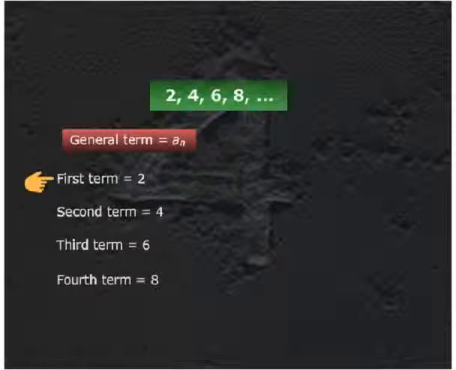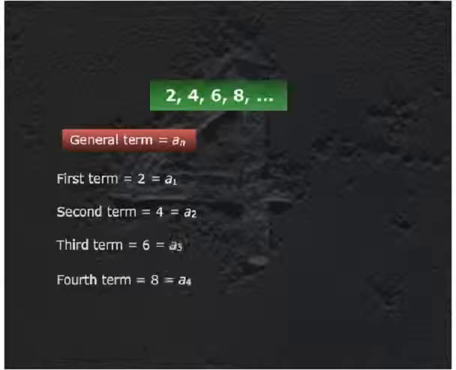So for the first term, n becomes 1, so a_1 is the first term. For the second term, n becomes 2, so a_2 is the second term, and so on. So in our example, a_1, the first term, is 2, a_2 is 4, a_3 is 6, and a_4 is 8.